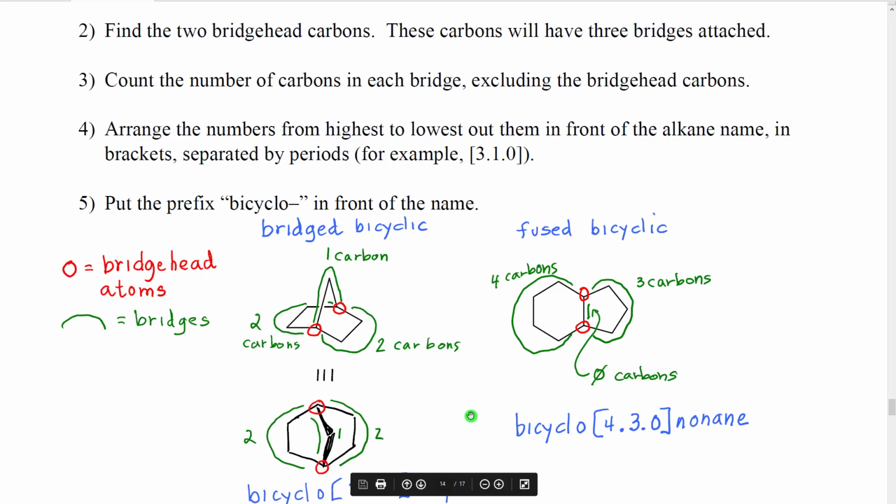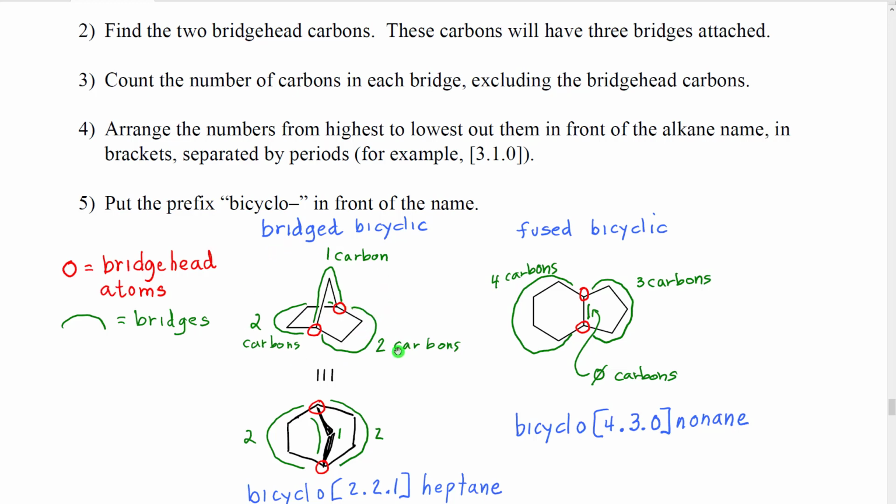Now, the bridgeheads are then going to have bridges attached. Bridges are chains of 0 or more carbons that connect from one bridgehead to the other. When we count the carbons in the bridge, we exclude the bridgehead carbons. So let's take a look at some examples.